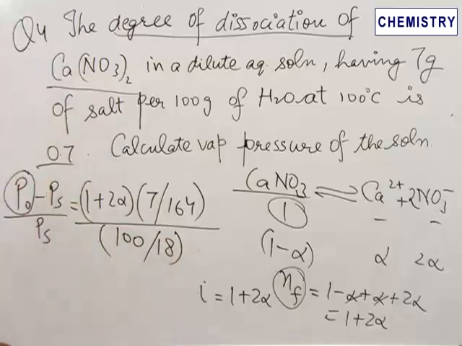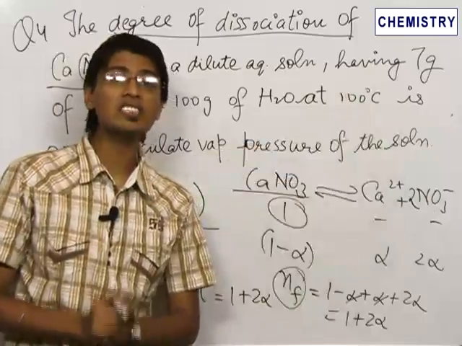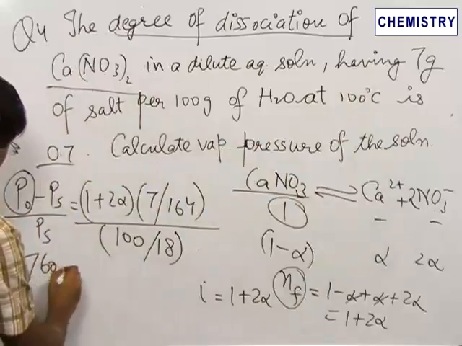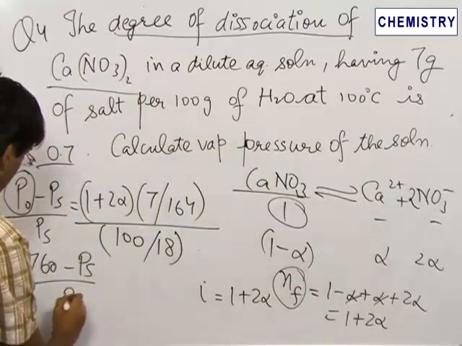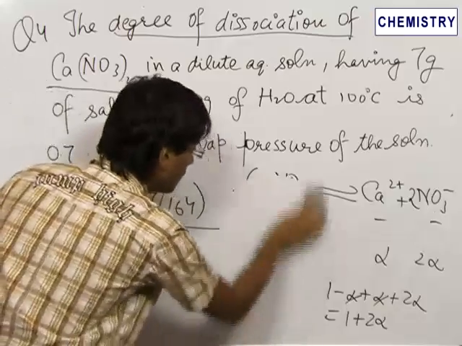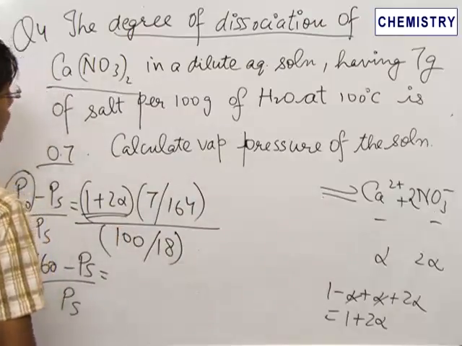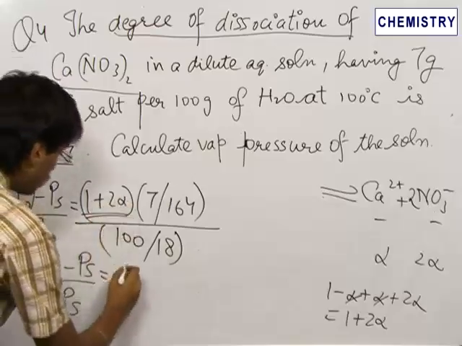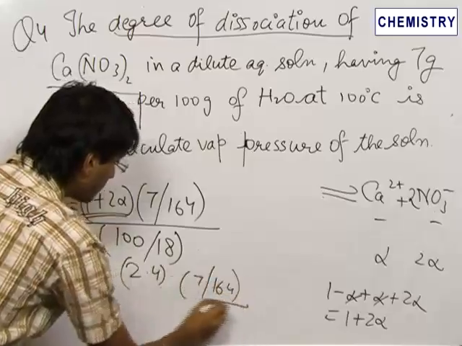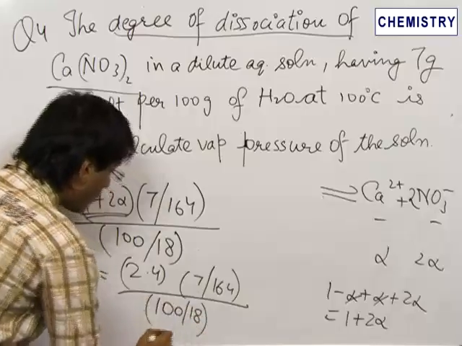This P naught is the vapor pressure of pure water, and at 100 degrees Celsius we know that the vapor pressure of pure water is 760 mm of mercury. So putting P naught equal to 760 and the value of alpha equal to 0.7, this becomes 2.4 into 7 upon 164, divided by 100 upon 18.